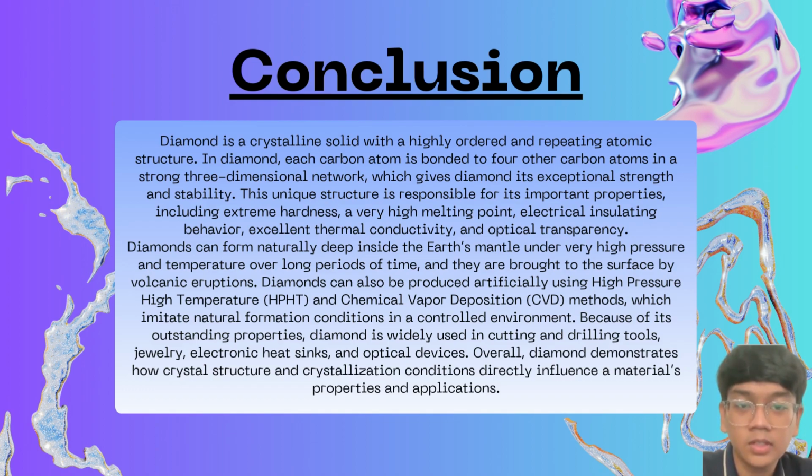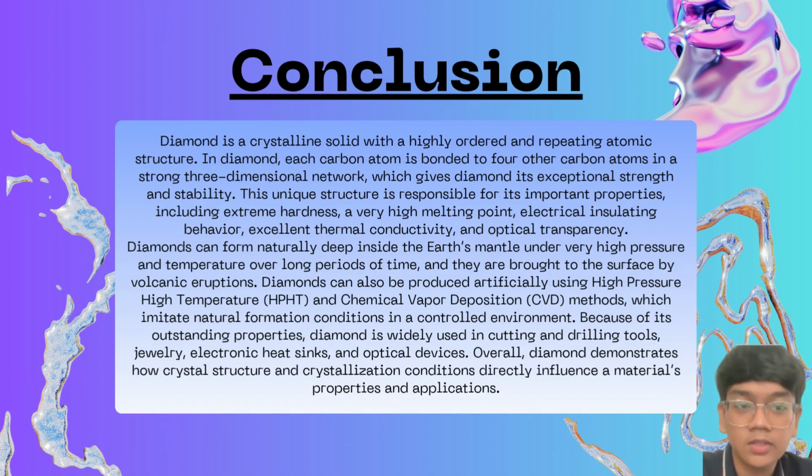Diamonds can form naturally deep inside the Earth's mantle under very high pressure and temperature over a long period of time, and they are brought to the surface by volcanic eruption. Diamond can also be produced artificially using high pressure, high temperature HPHT and chemical vapor deposition CVD methods, which imitate natural formation conditions in a controlled environment.